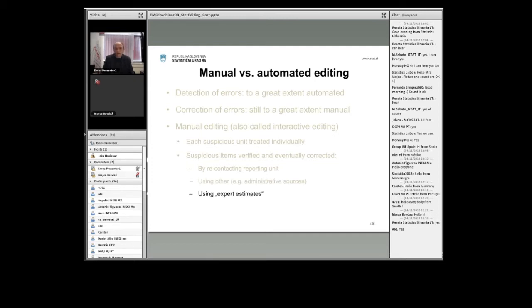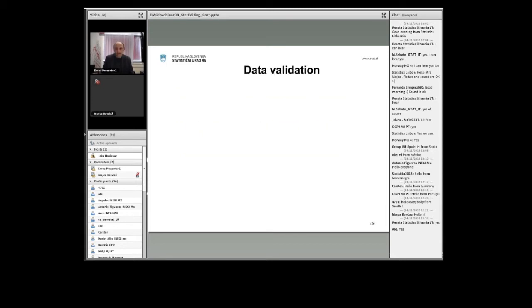But anyway, the characteristic of this manual editing is that you are doing it on the individual level for each unit. What makes data editing so time consuming and costly is this manual editing. So here we have a lot of space for improvements to make editing more efficient.